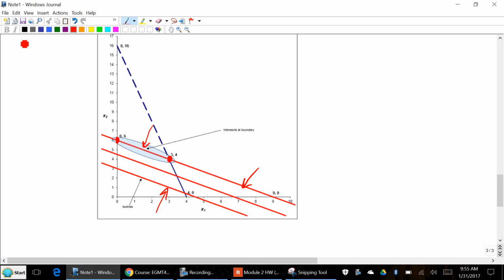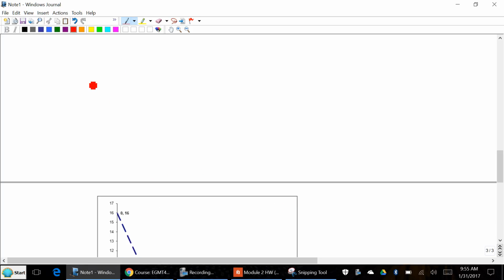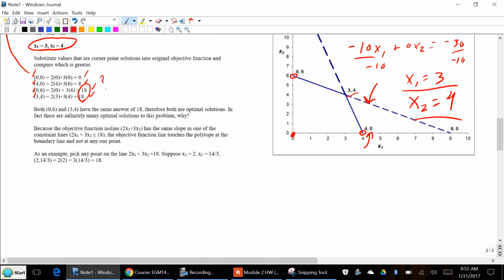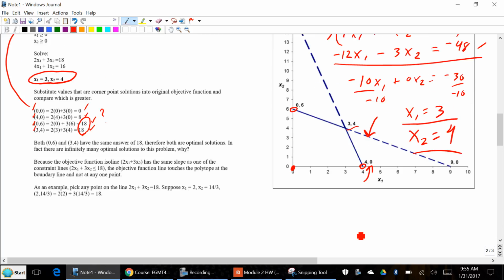So as long as you pick a point on this boundary, you're going to get a value of 18. So I went in and just randomly picked another point. I said, let's suppose we pick 2 and 14 over 3, which are 2 points on that boundary, and you plug them in to the original equation.